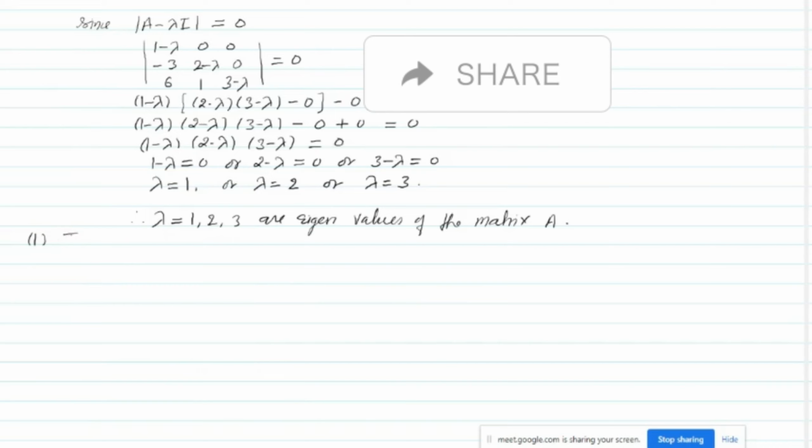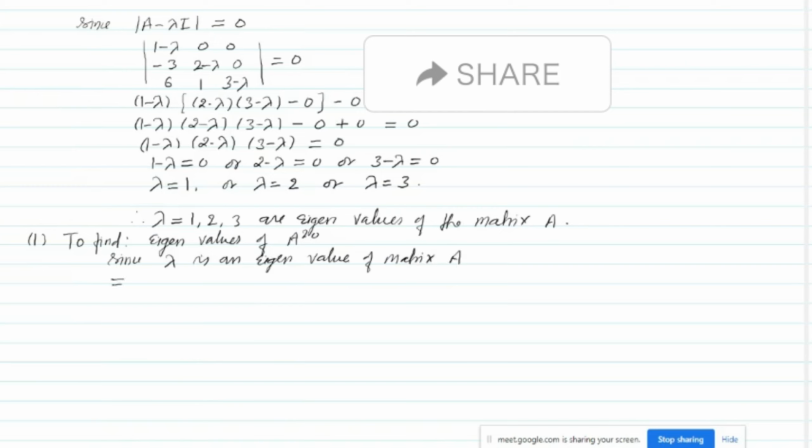To find the eigenvalues of A raised to 20, since lambda is an eigenvalue of the matrix A, this implies that lambda raised to n is the eigenvalue of A raised to n.